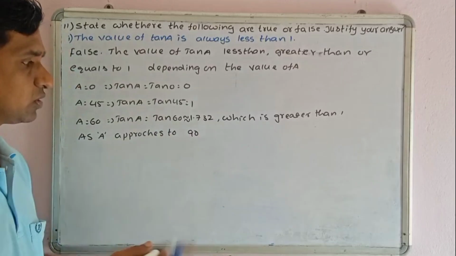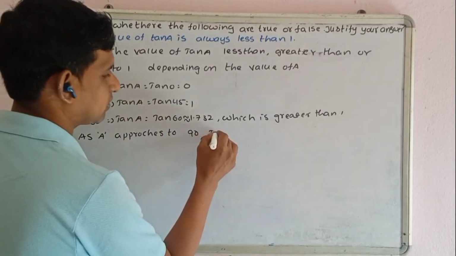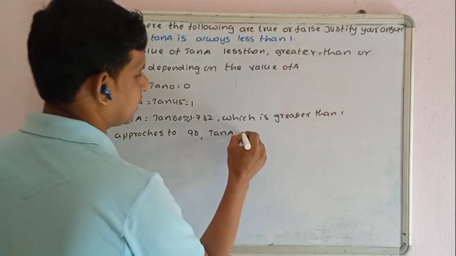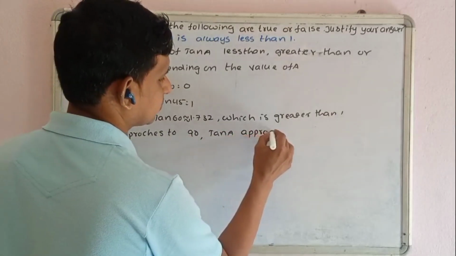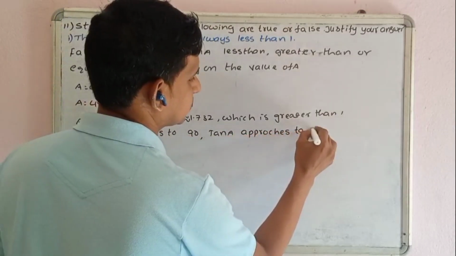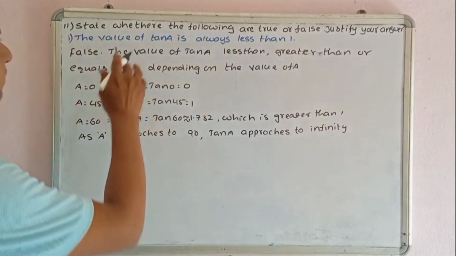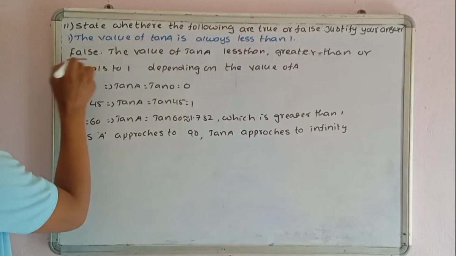As angle A approaches 90, what is the tan A value? Tan 90 value how much? Infinity. Tan A approaches infinity. So that's why the statement that the value of tan A is always less than 1 is false.